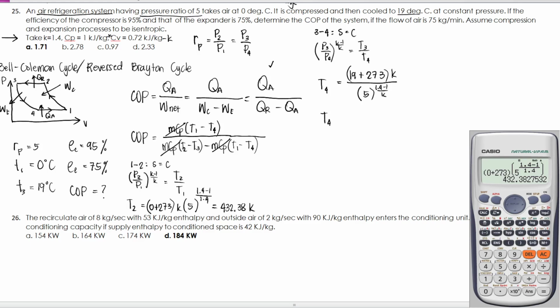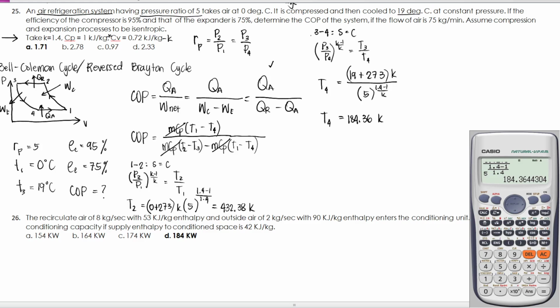Ayan, so T4 ay equal, 19 plus 273 over 5 raised to 1.4 minus 1 over 1.4. So, 184.36. 184.36 Kelvin. Ayun, so meron na tayo mga temperatures.